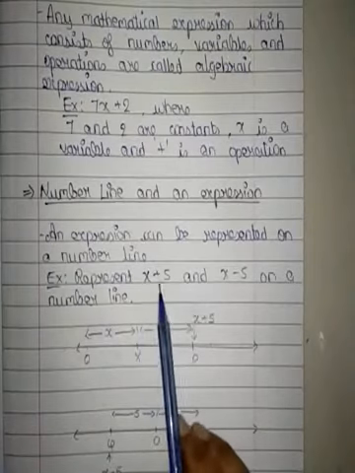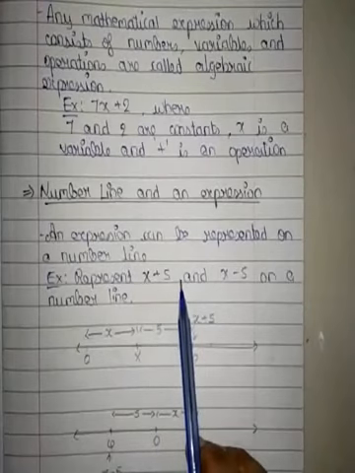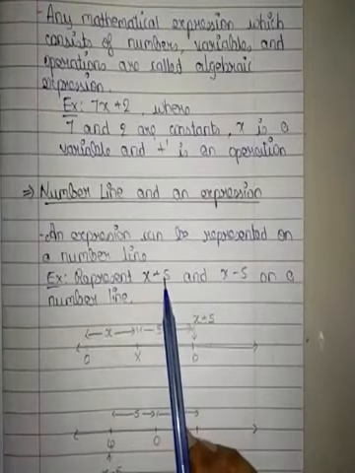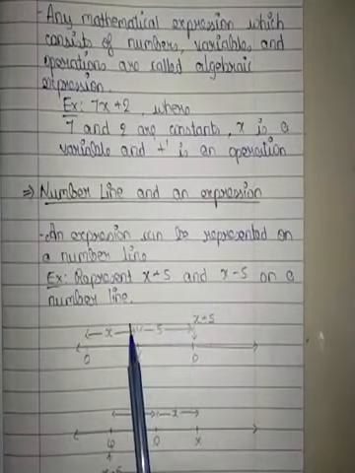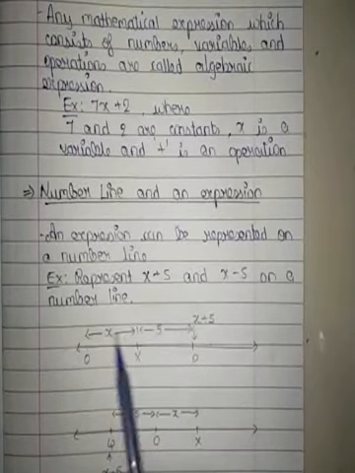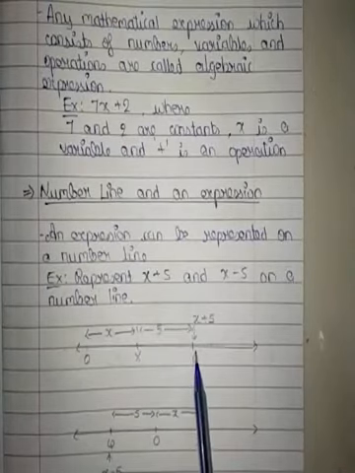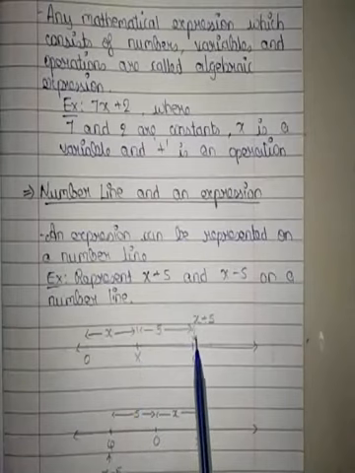Now we want the point x plus 5 on the number line. So plus 5 will be on the right side of the number line. From here it is x value, and the answer that we want is x plus 5, that would be 5 units to the right hand side.